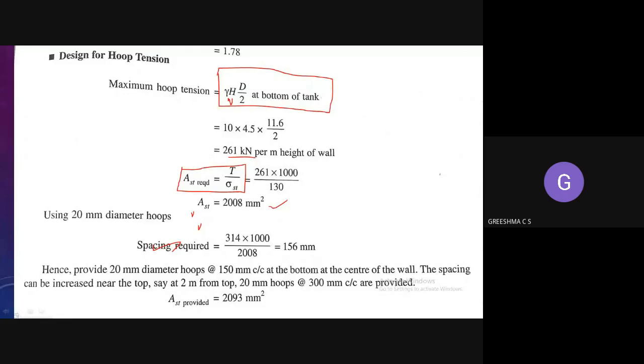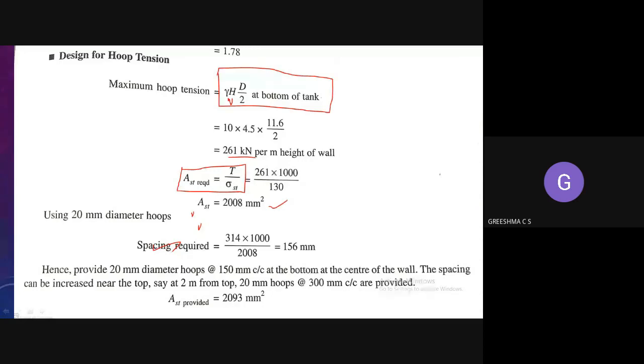One more thing. Here you have to take a bar diameter of at least 16 mm. 12 mm is also okay, but it is always safe to go above 16 mm. It is better to provide 16, 18, 20 mm, so that the section will be very safe, because it is a water tank.